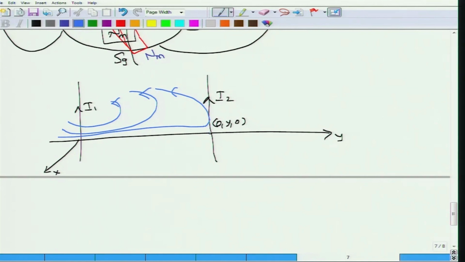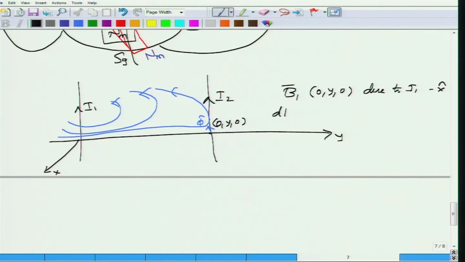The magnetic field here would be pointing in the phi direction, but phi on the y axis is directed along minus x. So, the magnetic field at this point, call it B1 at (0, y, 0) due to I1, points along the minus x direction. Go back to cylindrical coordinates to really understand this statement.